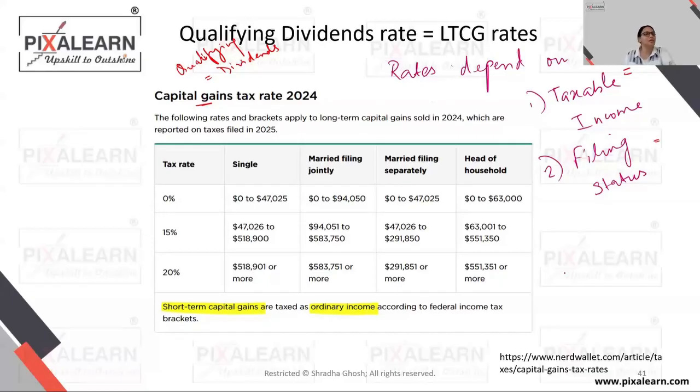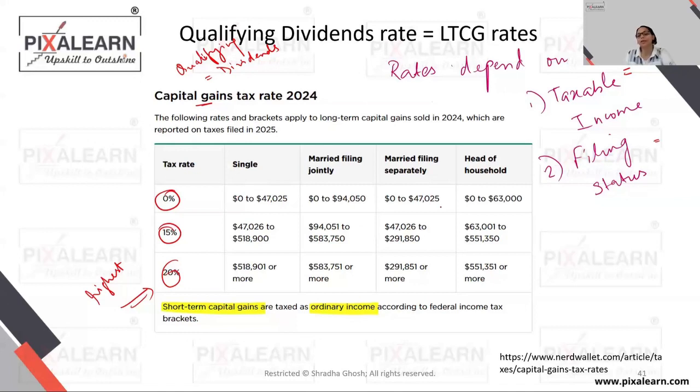We define different tax slabs. The tax rates are 0, 15, and 20. So this is the highest tax slab at which capital gains or qualifying dividends can be taxed in the US, much below the slab rate of 37%, which is the highest marginal tax rate for individuals in the US.